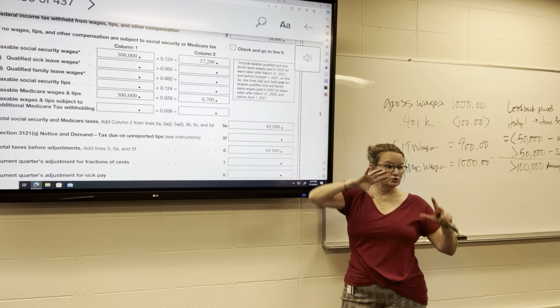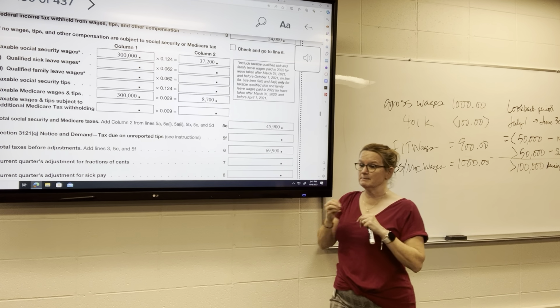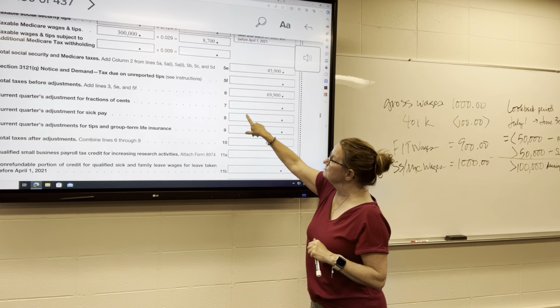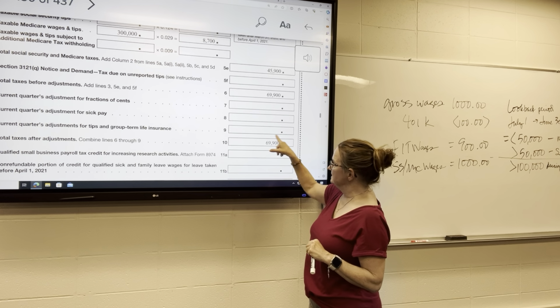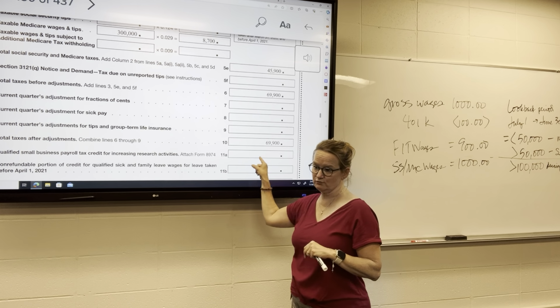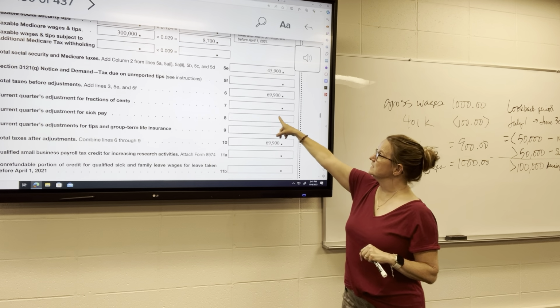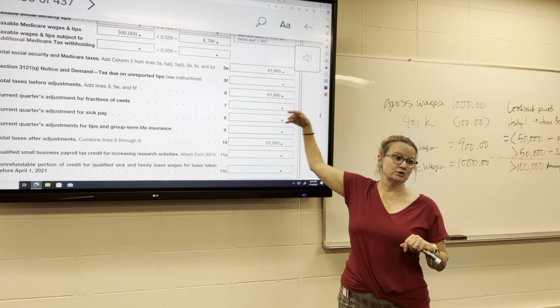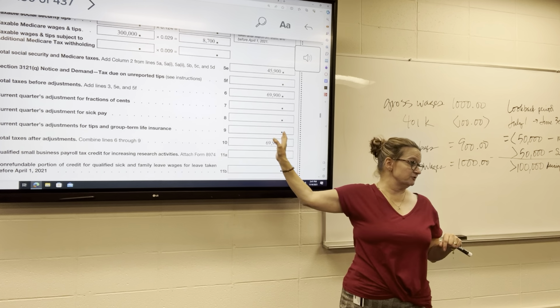This line is to make that adjustment, so that the amount that you owe is exactly the amount that's shown on this form, right? So that could be plus a few cents, it could be minus a few cents. So it's just to account for rounding.